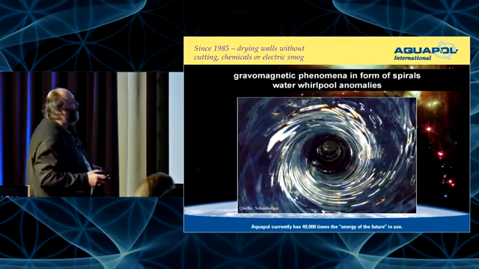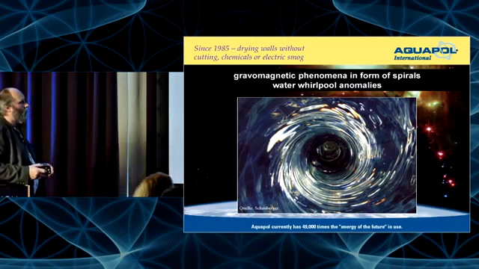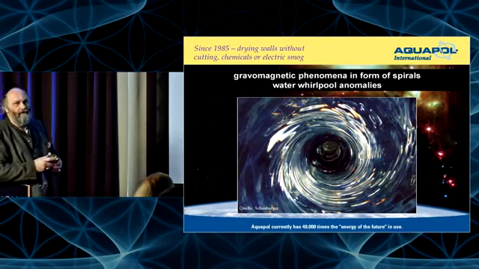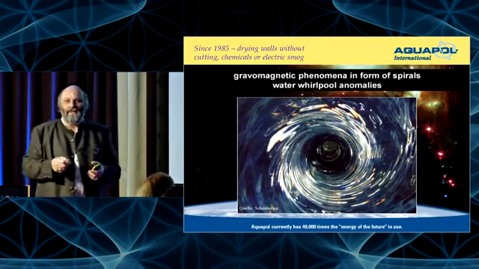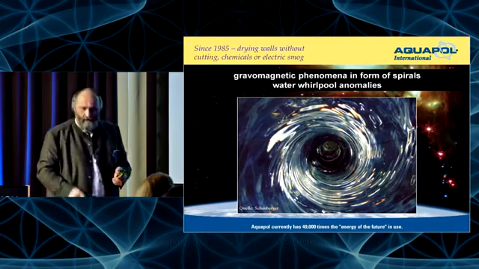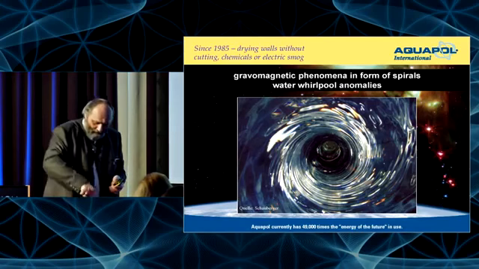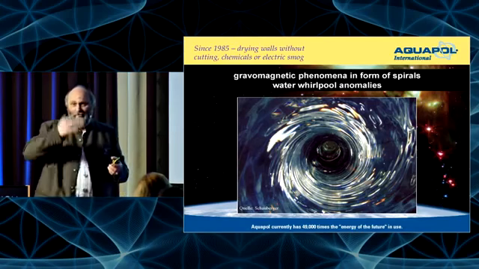Or you have these very funny water whirlpool anomalies. Maybe you see it in your home, that sometimes the water runs up the right side, sometimes the water runs up the left side on half of our planet. It's not normal. It should normally be on the left side because of the Coriolis force, the physical Coriolis force.